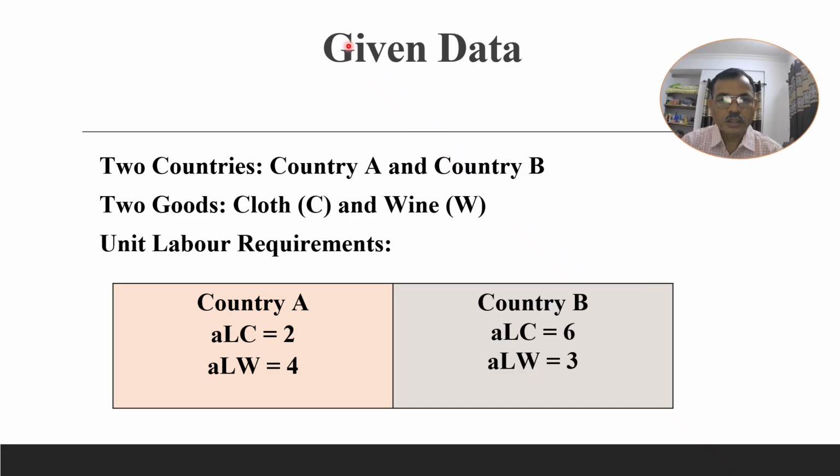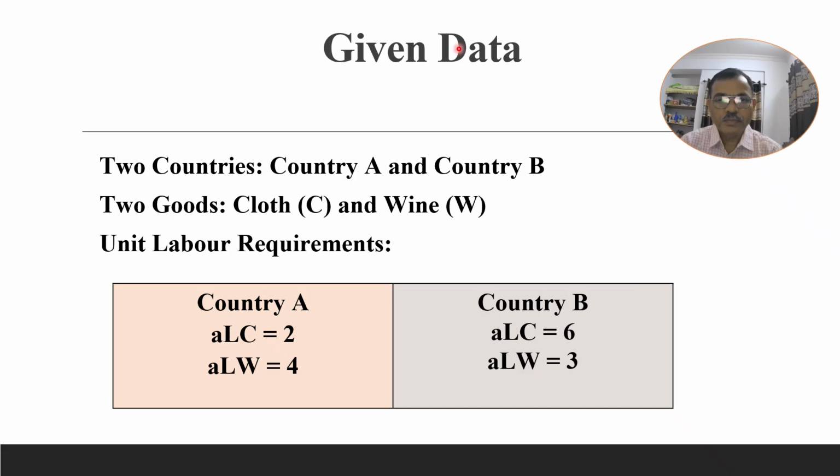This means in country A, producing 1 unit of cloth requires 2 units of labor, and producing 1 unit of wine requires 4 units of labor.